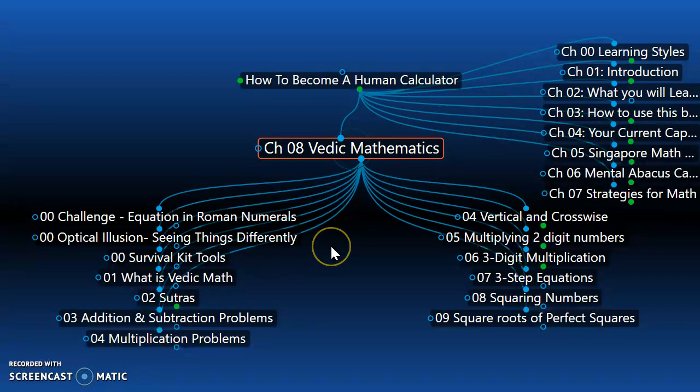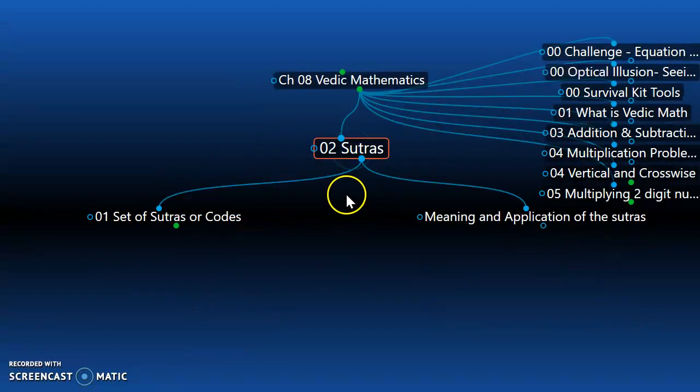Now, these computational skills are what I call tools or codes that you can use, and it's based upon Vedic mathematics that uses sutras. For example, you can think of sutras as a set of formulae or patterns or methods or rules for doing calculations.